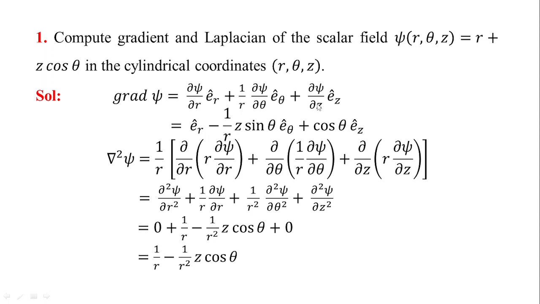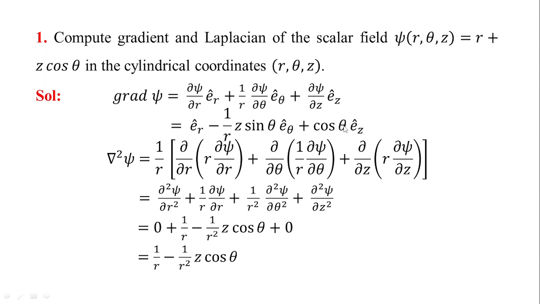In this formula, if we substitute the derivative of psi with respect to r, theta and z, when psi is given as r plus z cos theta, then we get Er minus 1 upon r z sin theta E theta plus cos theta Ez, that is the gradient of the given psi.